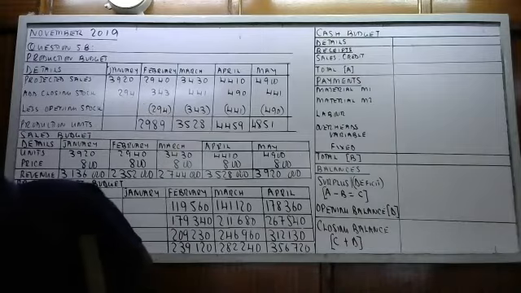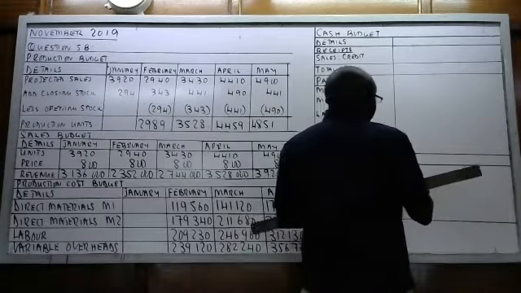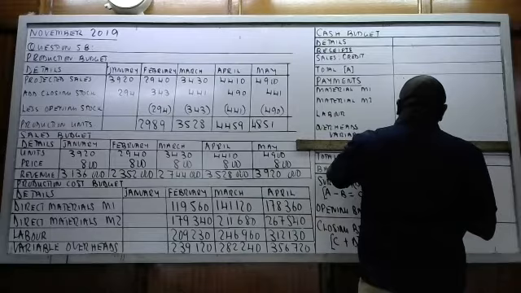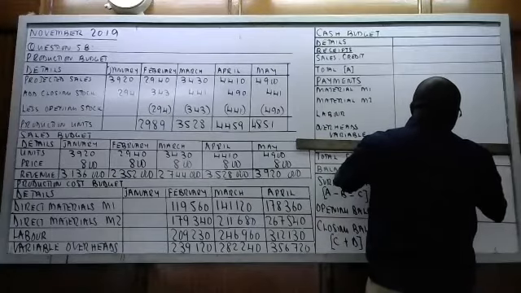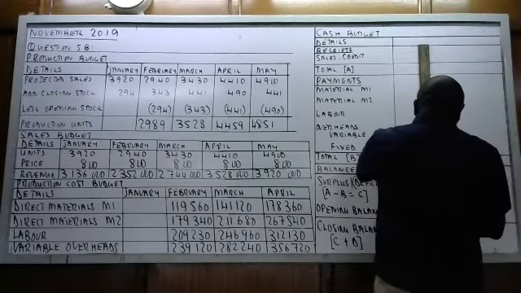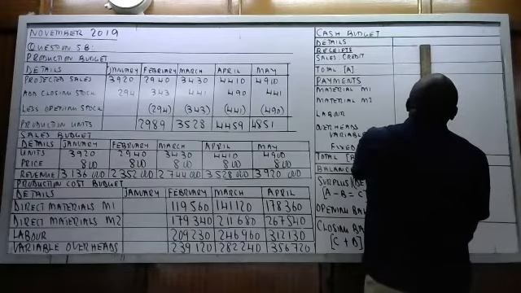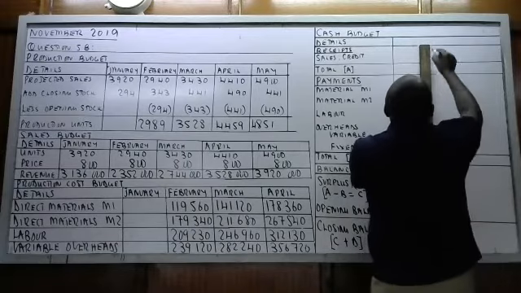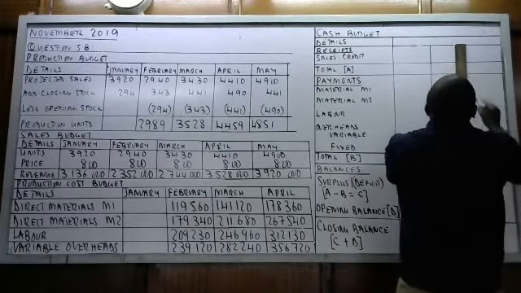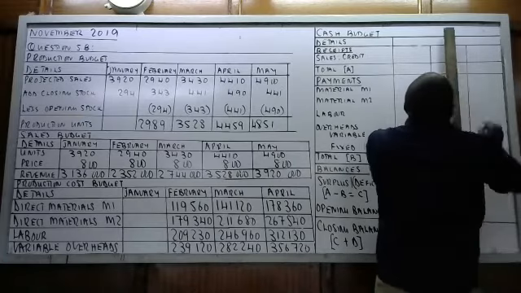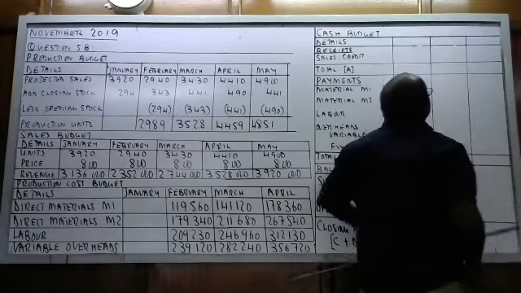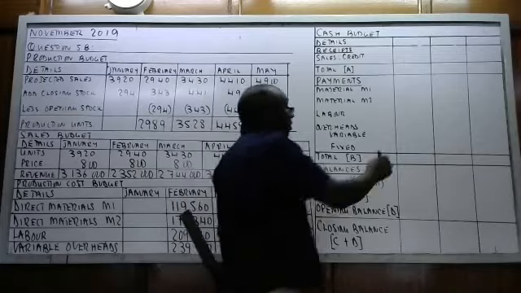So the cash budget is for 3 months: February, March, and April. So this is for February.